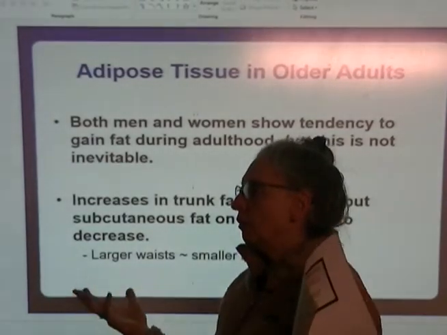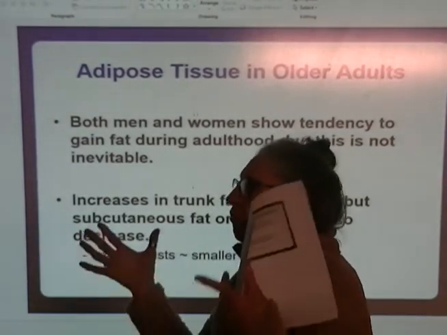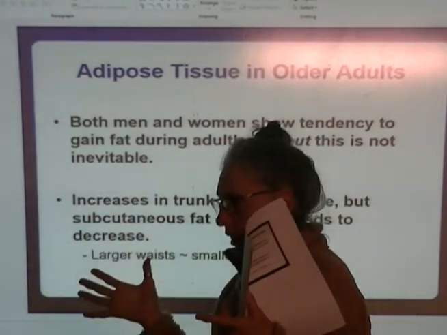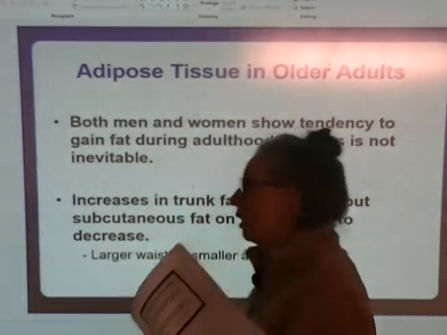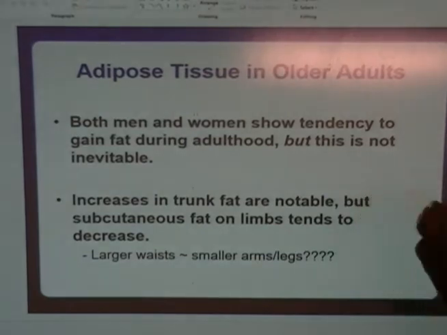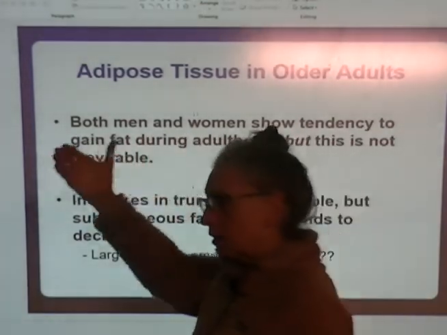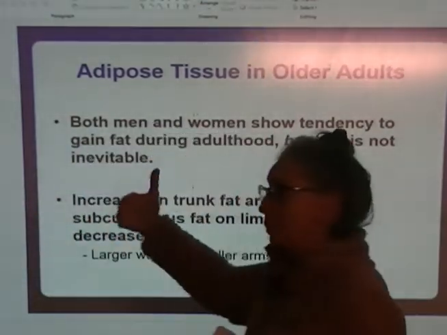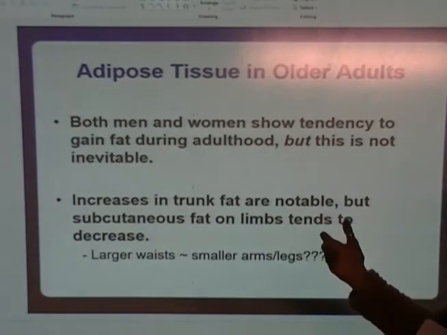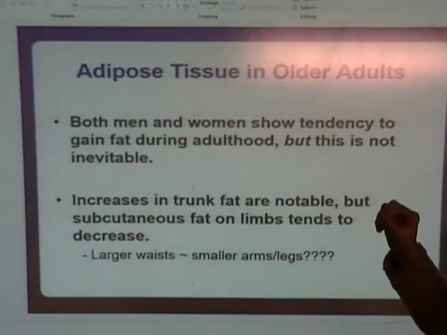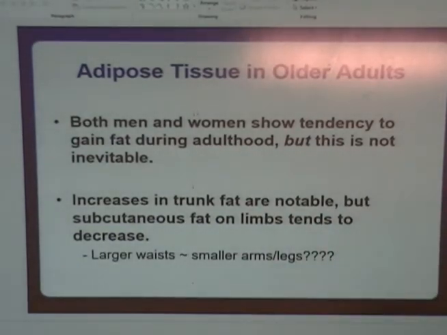And it's really hard to stay active. Where do I find the time in my day to stay active, right? And so we, on average, across the adult population, see a gain in fat mass as we get older. But it doesn't have to be that way, right?